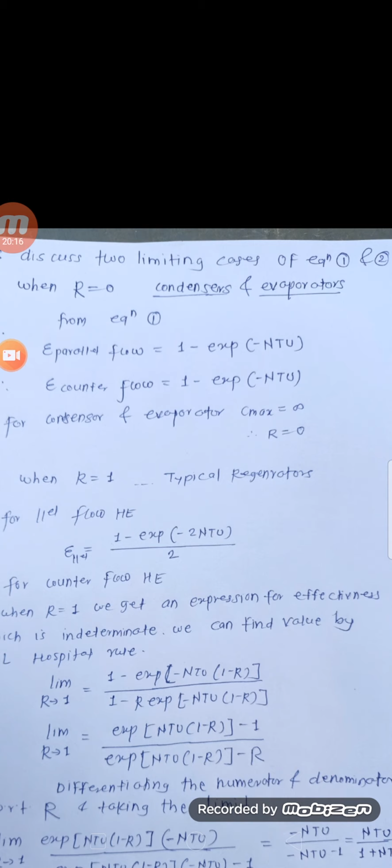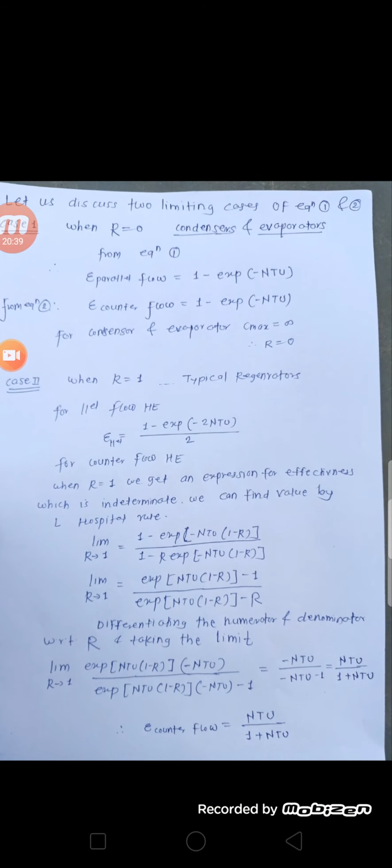So for the condensers and evaporators, C maximum is equal to infinity, and because of that R is equal to 0. And if R is equal to 0, then effectiveness is equal to 1 minus exponential of minus NTU. By using that formula, we have to find out the effectiveness for the parallel flow and counter flow heat exchanger.